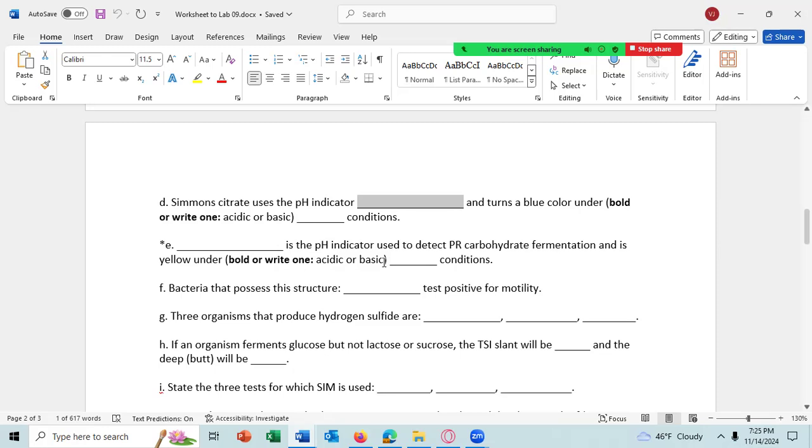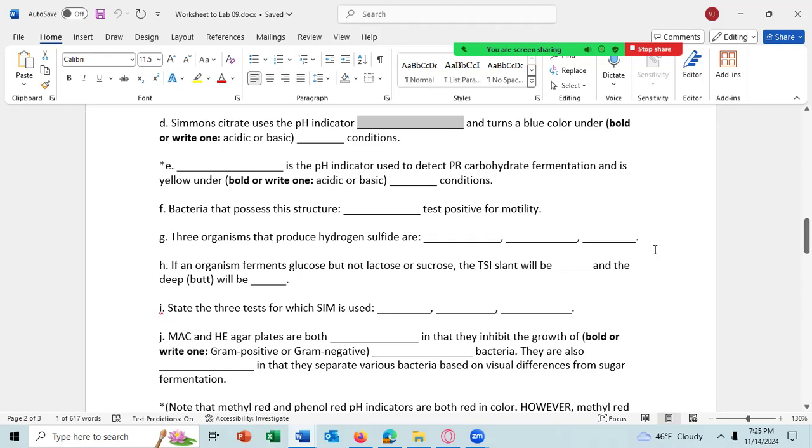And it is yellow under either acidic or basic conditions. That's 2E2. 2F, bacteria that possess this cell structure test positive for motility, so name the cell structure. And then 2G, three organisms that produce hydrogen sulfide, name three species. 1, 2, 3. You could name a family, but only if the entire family or genus is positive for hydrogen sulfide production.